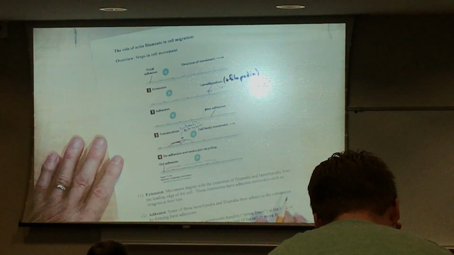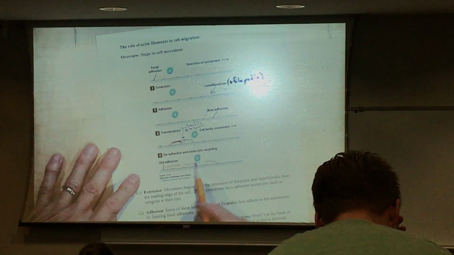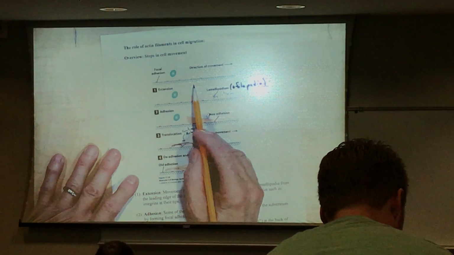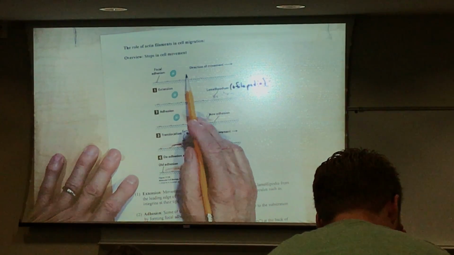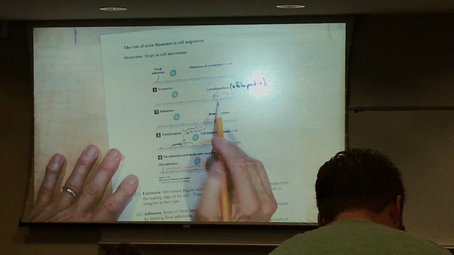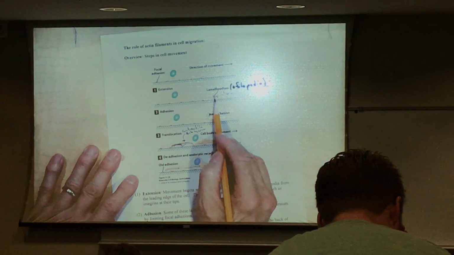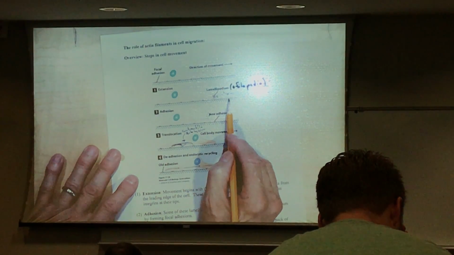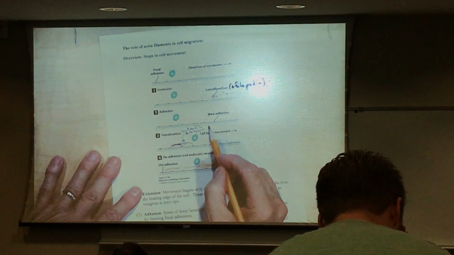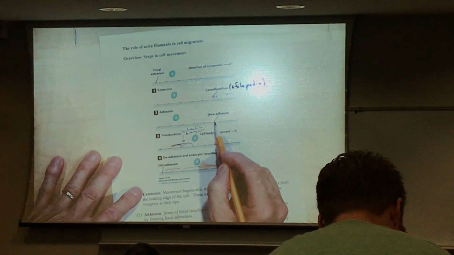And so here's a picture from your book that kind of summarizes what I've said about the movement of fibroblasts. We extend filopodia and lamellipodia forward. They have adhesion molecules at their tips, and they'll adhere to the extracellular matrix that's coating the petri dish. We form new focal adhesion structures here.